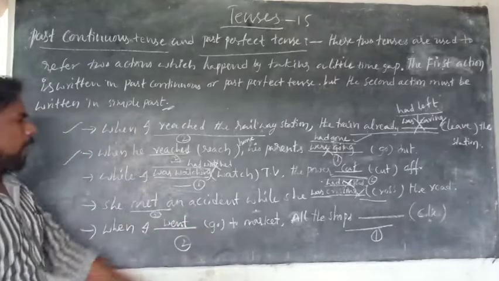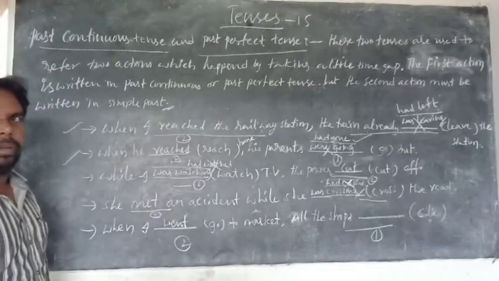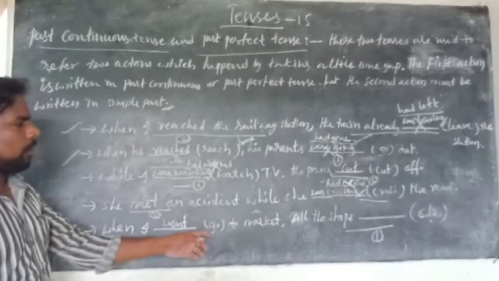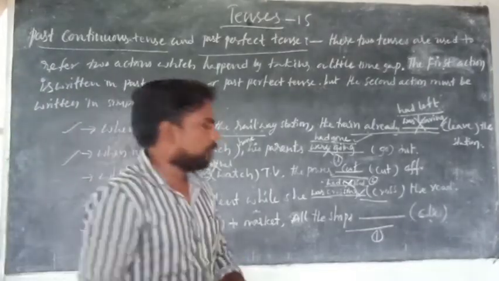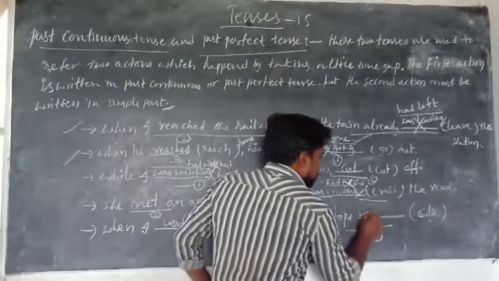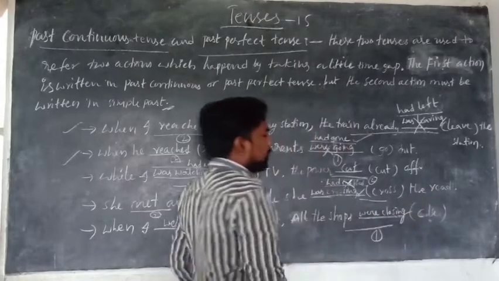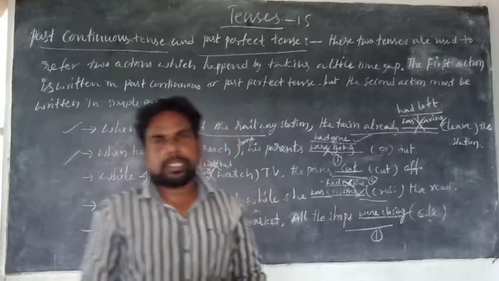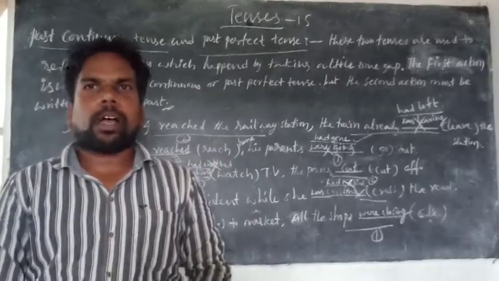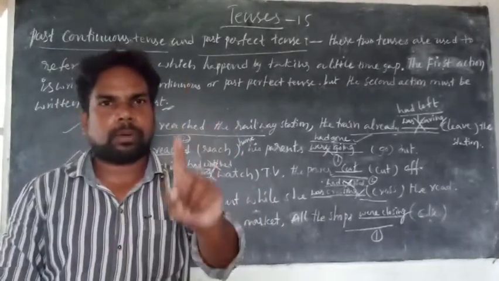When I went to market, what will happen? All shops were closing means, if you think it is a past continuous, were closing means what is that? As soon as you reached the market, the shops are closing.